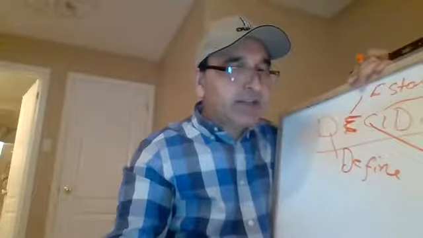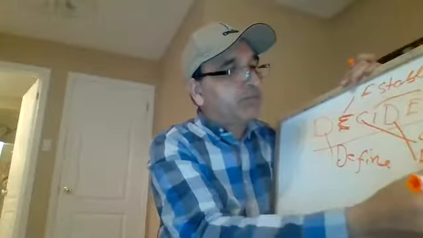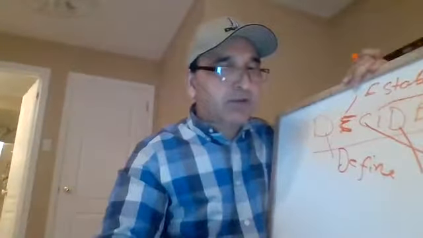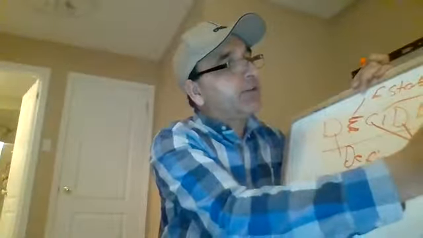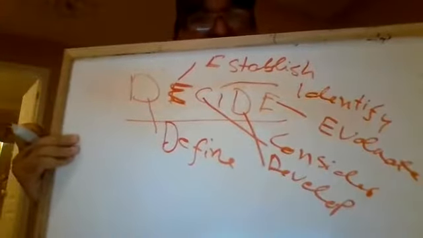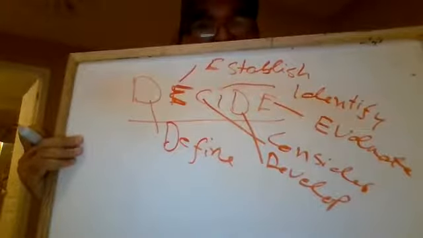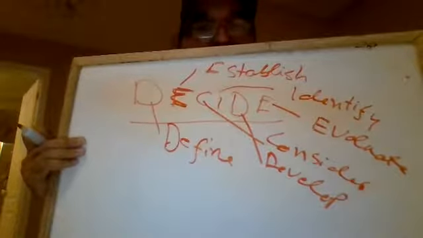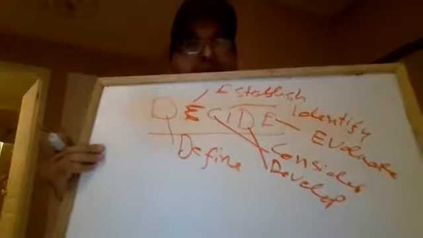And D is for develop. Develop a course of action. And E is evaluate or monitor. So you see here, D define, E establish, C consider, again D develop, and E, that is evaluate. This is DECIDE. How to make decisions.